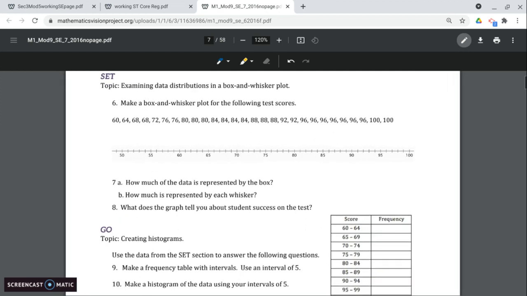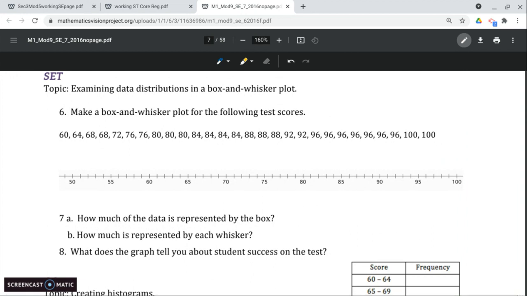So like I said before, for the median, we want to put the numbers in numerical order and then find the middle.